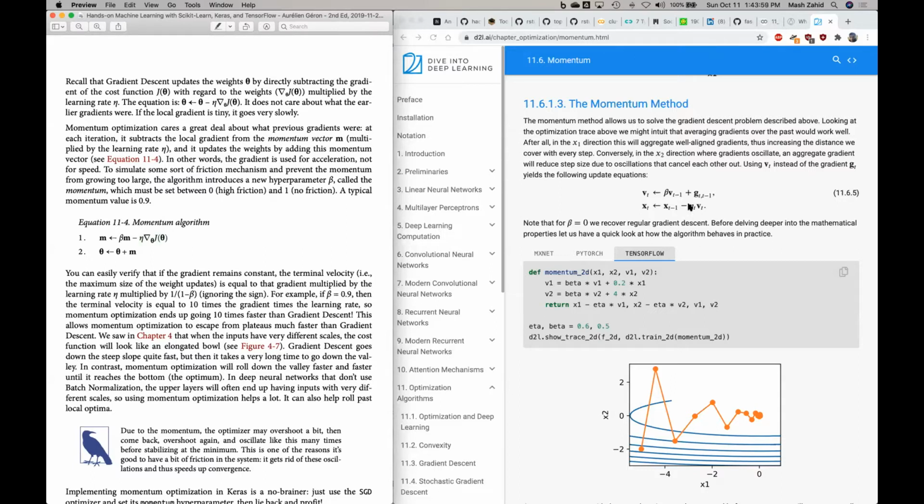If you feed the first line into the second line, that would be x_t equals x_{t-1} minus the learning rate times beta v_{t-1} and minus g_{t-1}. Whereas on the left, the sign is different. They don't equal each other. Can someone explain that?